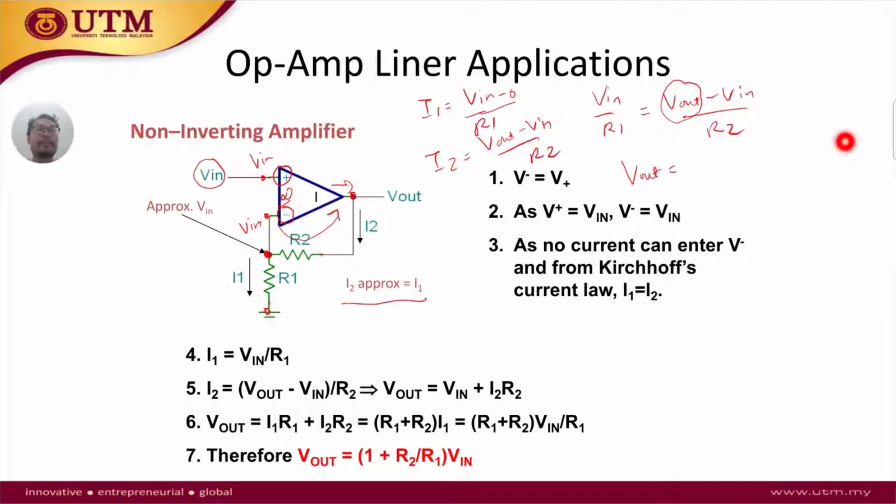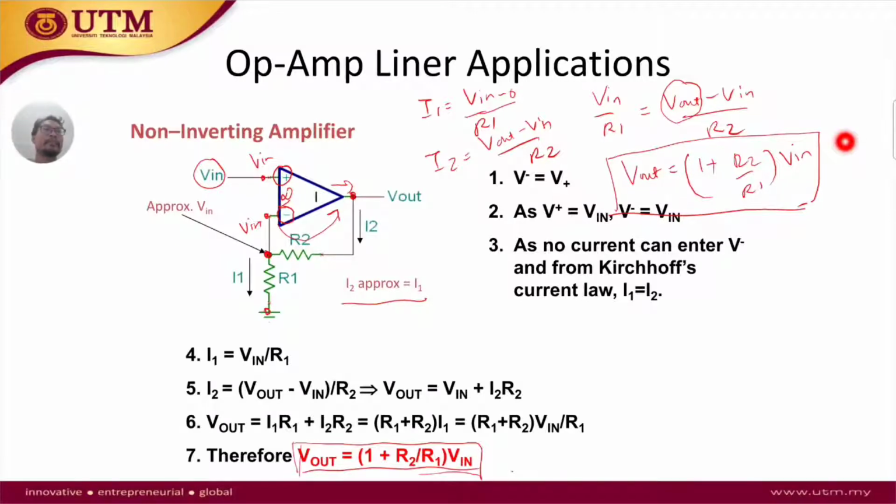If we do some mathematical manipulation, we should get Vout is equal to 1 plus R2 over R1 times Vin, and this is the equation that we need to know, which is given here. So for a non-inverting amplifier configuration with negative feedback, we have Vout is equal to 1 plus R2 over R1 times Vin on the input.